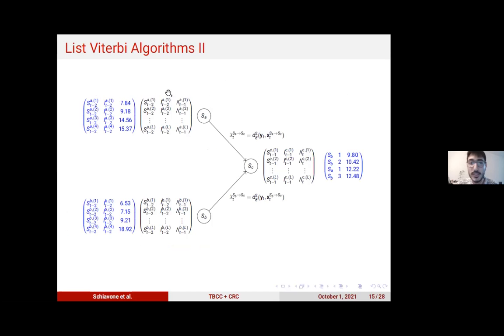That is like Viterbi, but instead of having only one path at each node and updating that path with the distance of the edge, and then choosing at the following node, the C node in this case, the best between the incoming path from node A and node B, we have a list of the best paths at node A and a list of best paths at node B, and what node C does is simply choose the best L among these two L paths.